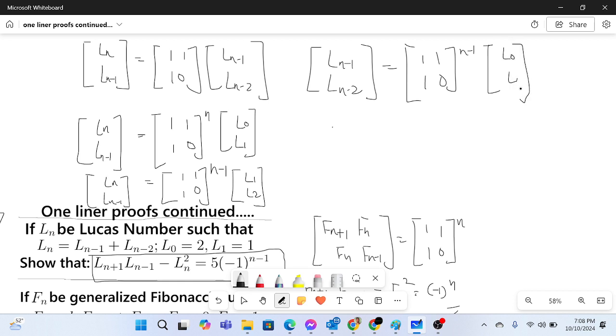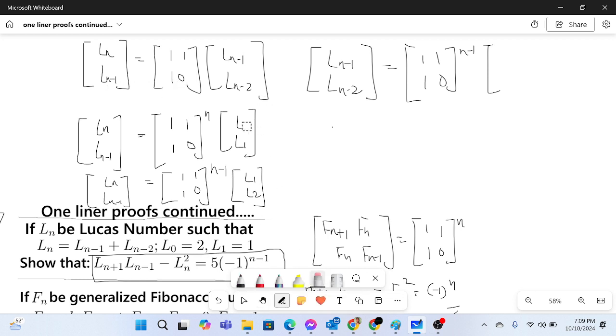So basically what this does is, if L0 L1 is multiplied by this matrix to the power n minus 1, these two will add up to give L_{n-1}, and, oh, I'm sorry. This was supposed to be written the other way. Here, in the numerator, it's supposed to be the bigger number, so that the bigger number will be at the top.